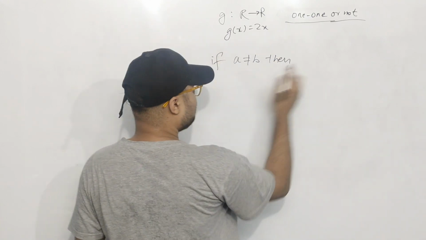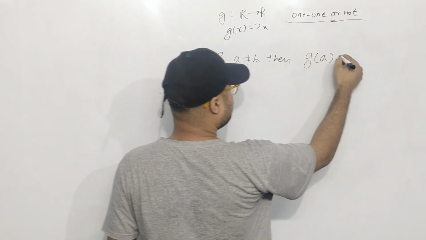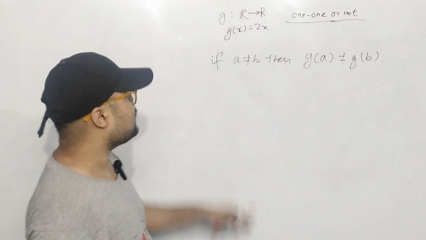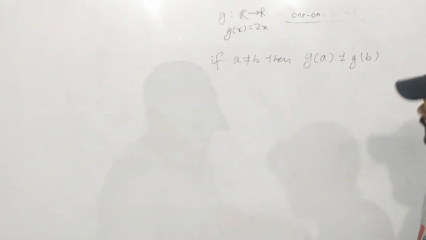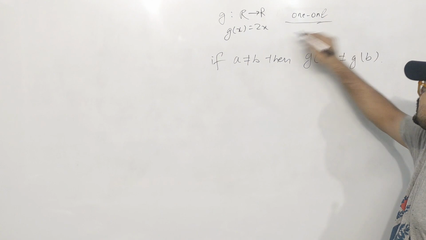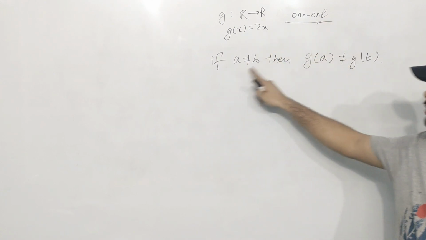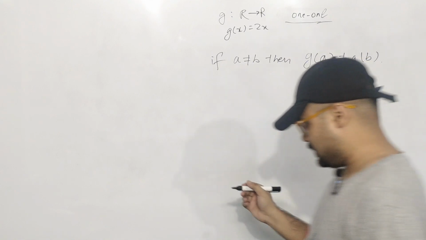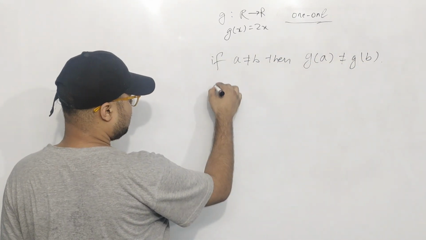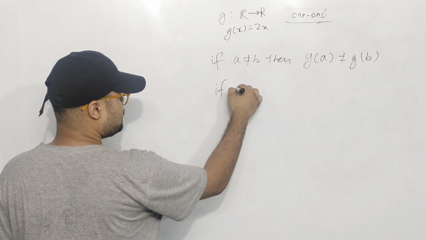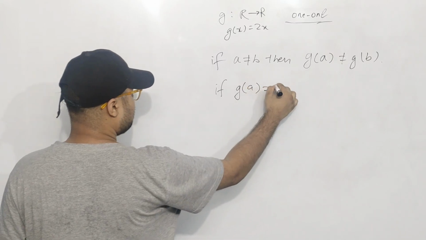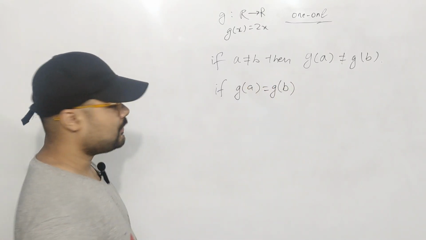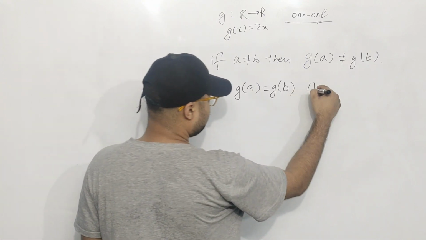So if a is not equal to b, then g of a is not equal to g of b. That is, if it is known that g is 1-1, then if a is not equal to b, g of a is not equal to g of b. If g of a is equal to g of b, then what can you say? Then it means a is equal to b.